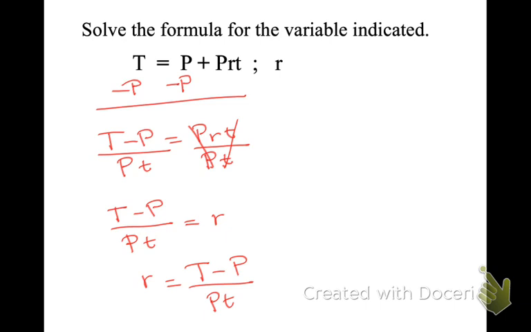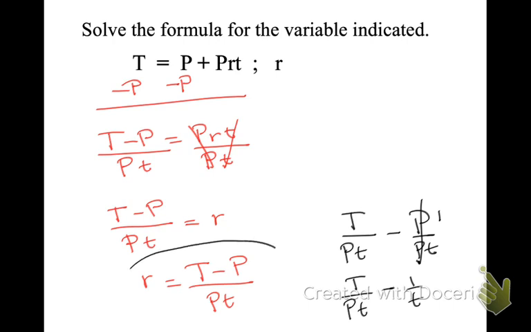What this really means is T over PT minus P over PT. If you were cross-canceling, you'd be left with T over PT minus 1 over T. But that's pretty complicated.